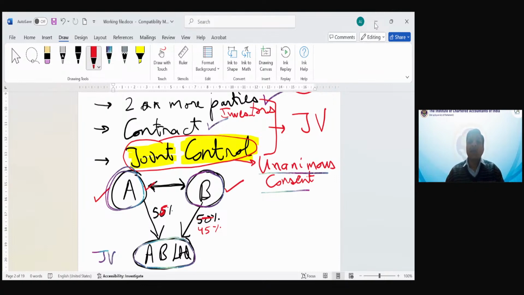Because the equal rights of investors are not established through this percentage shareholding. That is getting established through this contract. Because through this contract, they are saying that we will have equal rights in respect of decision making.